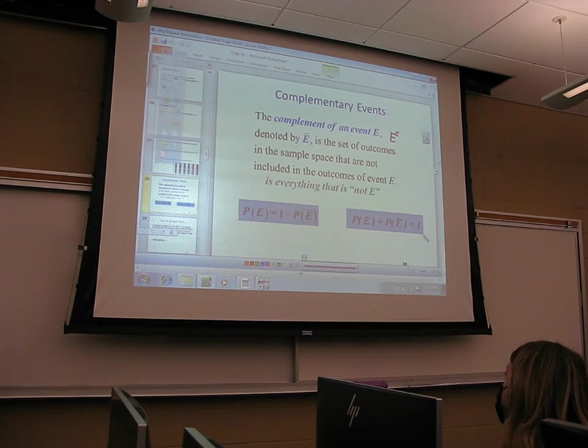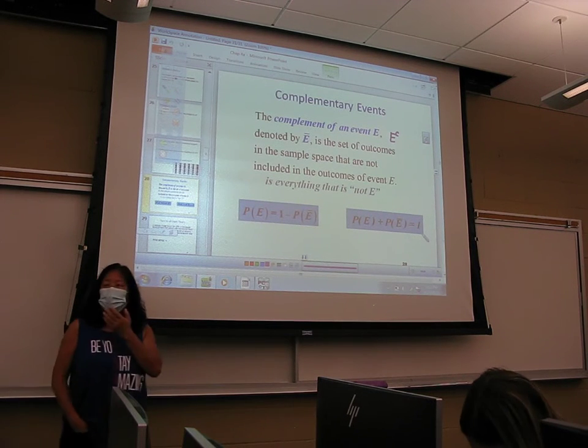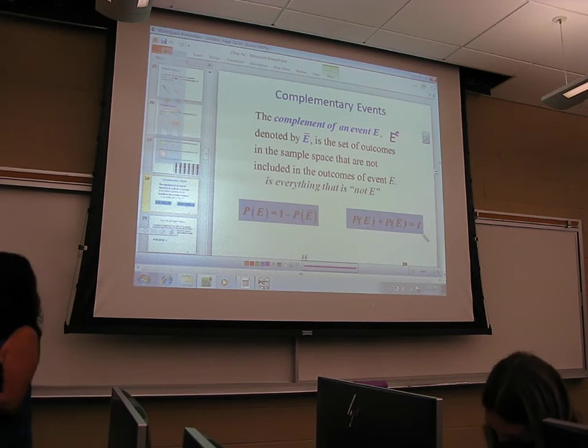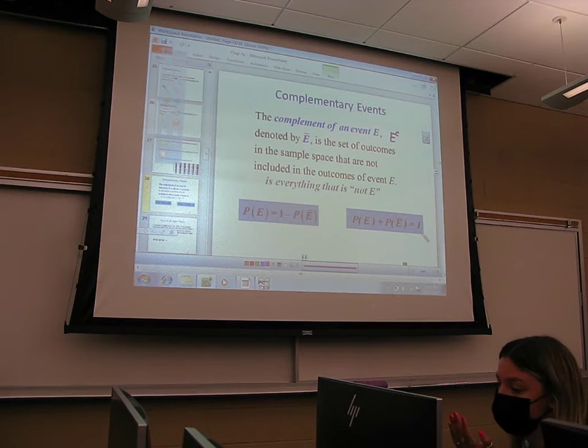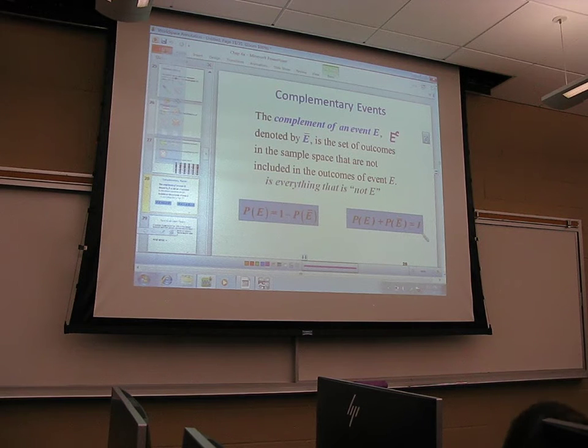All right, so some things we know about them. If it's everything that's not E, then the probabilities of E and the probability of E's complement had better add up to 1 or 100%. Because you're either one or the other. So the probability of E plus the probability of its complement better equal 1.